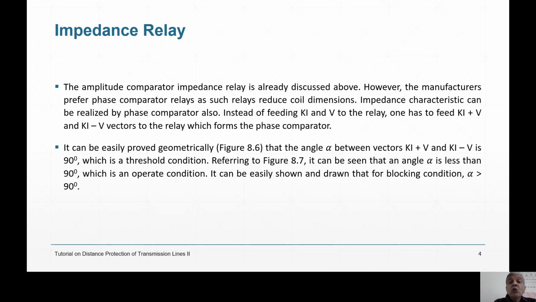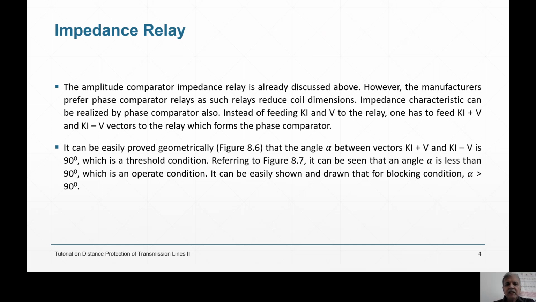If the impedance measured by the relay falls anywhere inside the circle, the relay operates. If it falls outside the circle, the relay blocks.